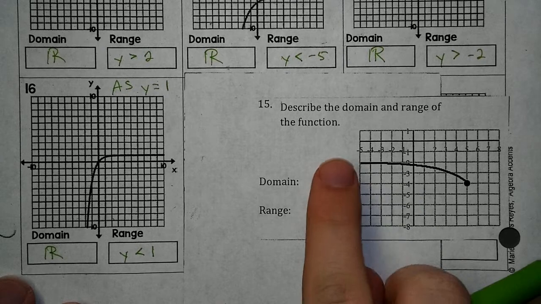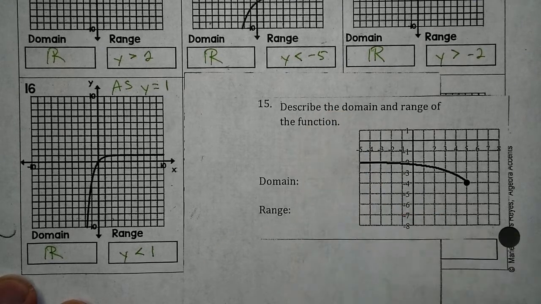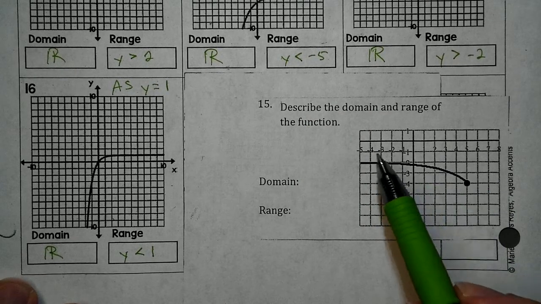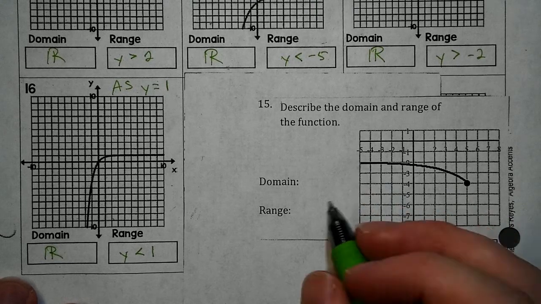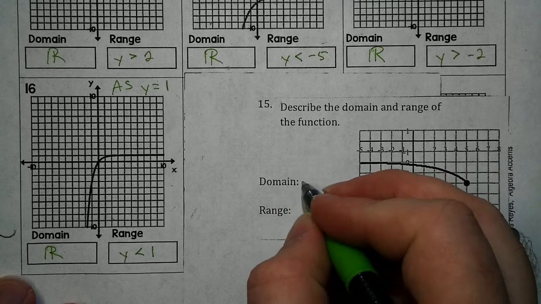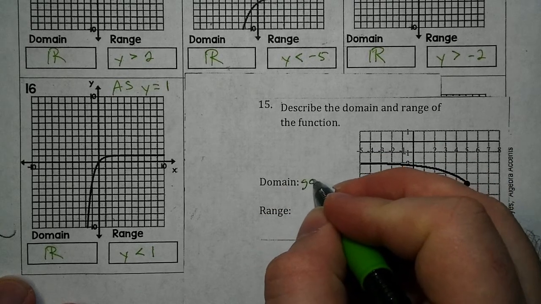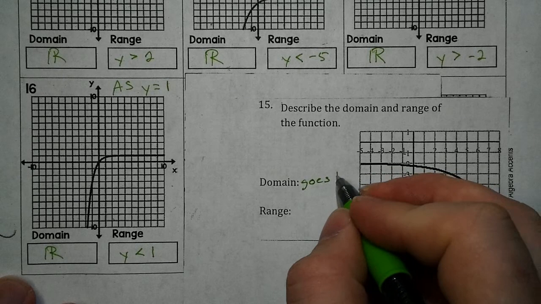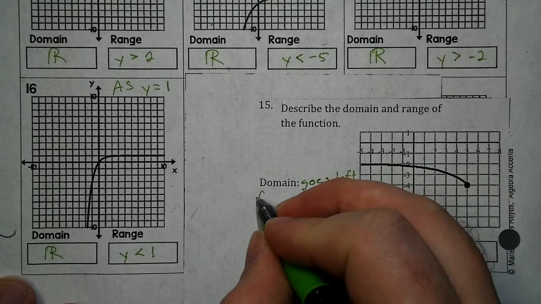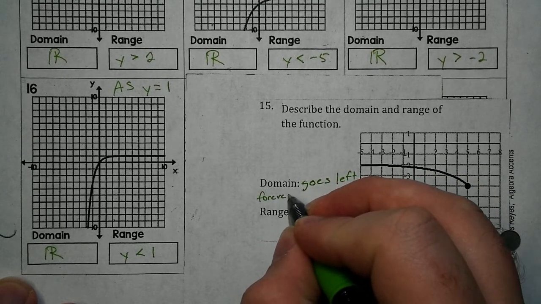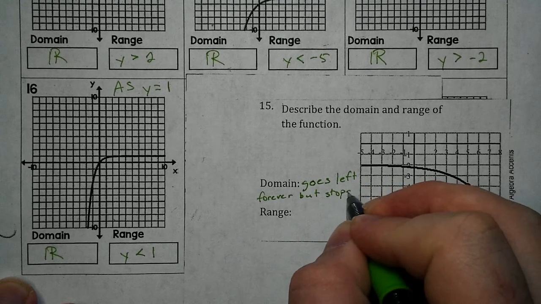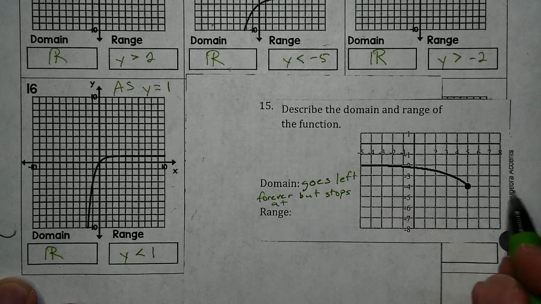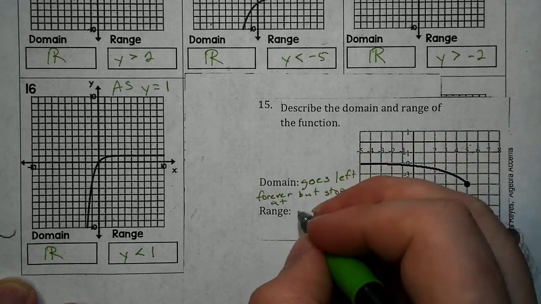Now, let's look at this one right here. It says describe the domain and the range of this function. Well, this one, it does have a stop, but it goes to the left forever. So the domain goes left forever, but stops at positive 5.